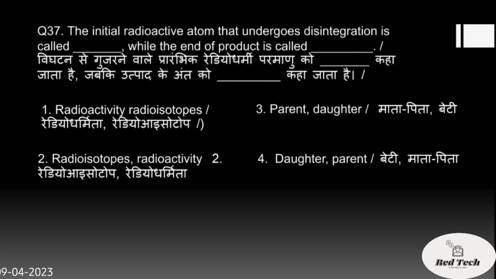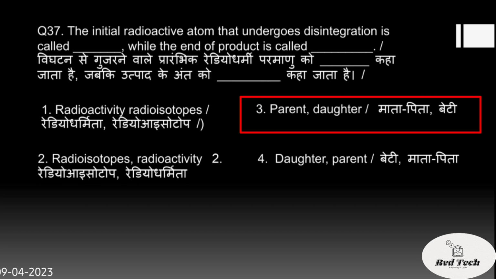This question comes from nuclear medicine. You must note from this question that you need basic knowledge about nuclear medicine if you go to the exam. So the right answer is basically option number 3, parent and daughter.